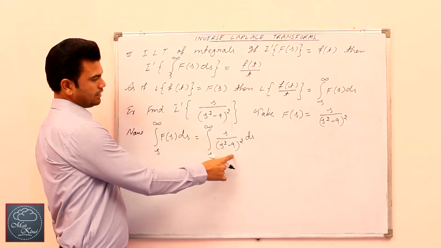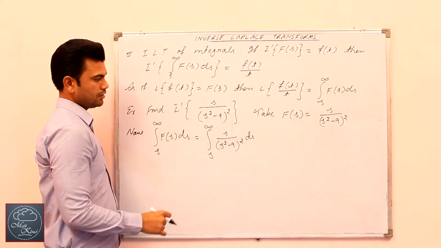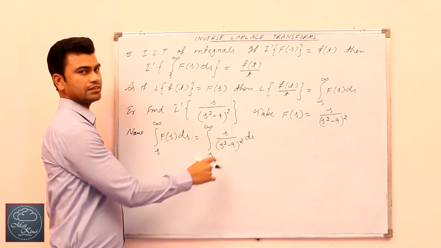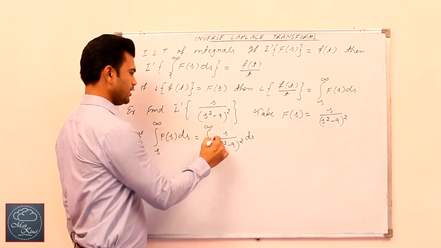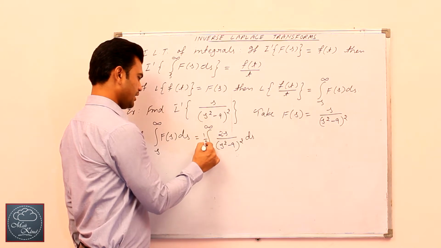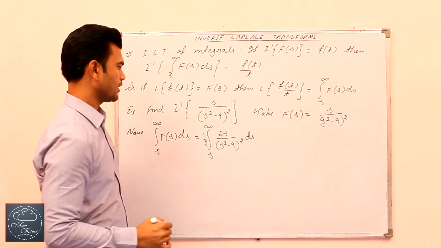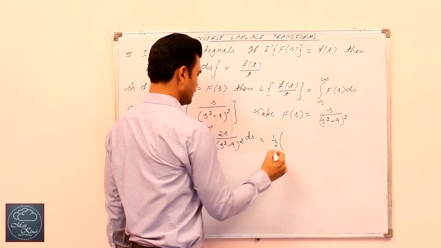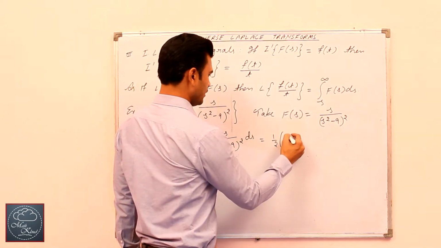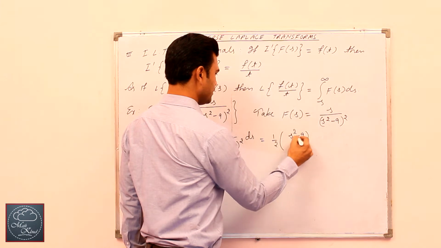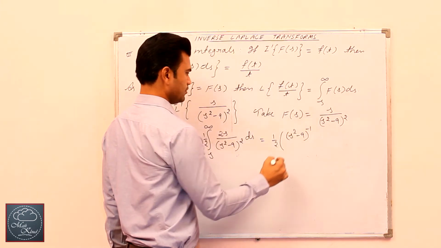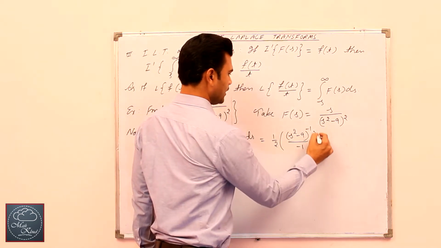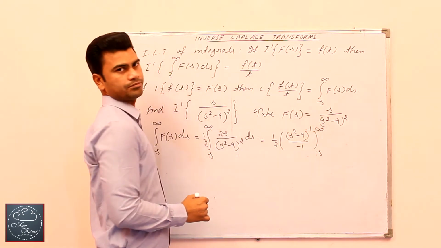And if you integrate this function, you can easily see the differential of s square is 2s ds, and you can easily multiply and divide by 2 here, so that its integral is 1 by 2 into (s square minus 9) power minus 1 over minus 1, and the limits from s to infinity.